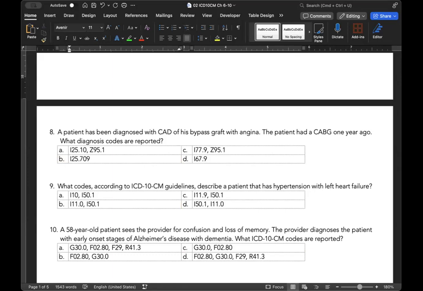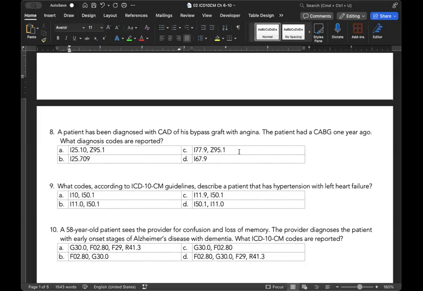In this instance, we would want to go to disease, artery, coronary with the angina pectoris, the same path we followed earlier. It does send us directly to arteriosclerosis. So let's go to arteriosclerosis.